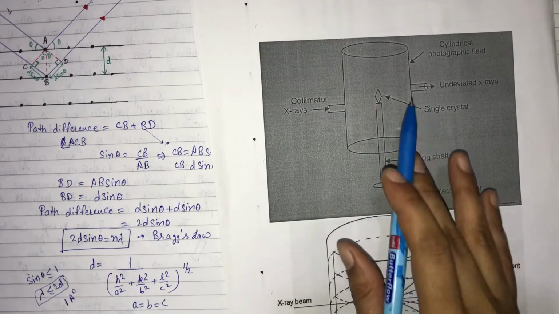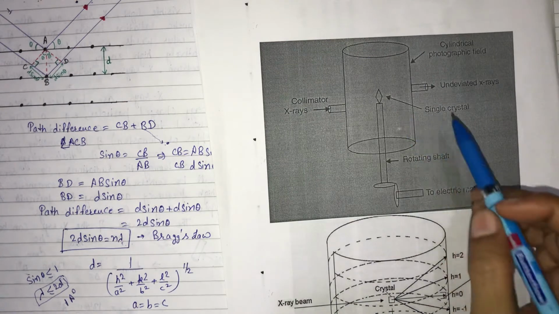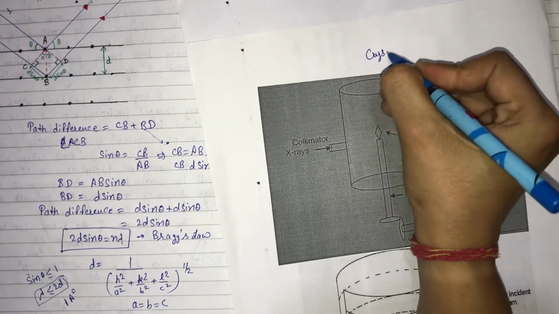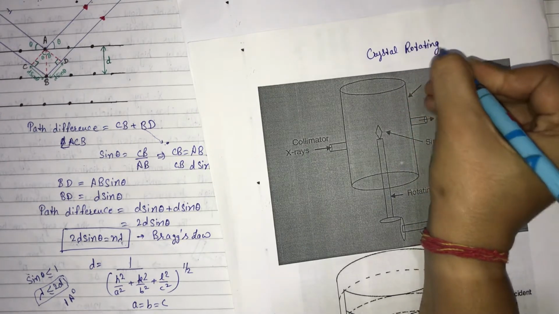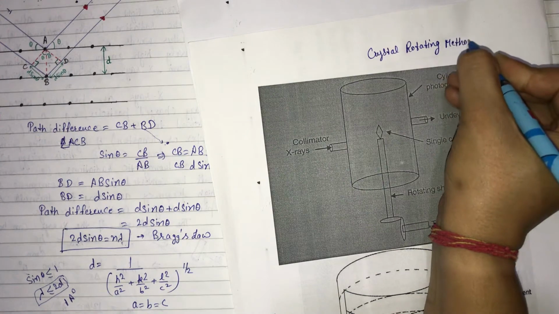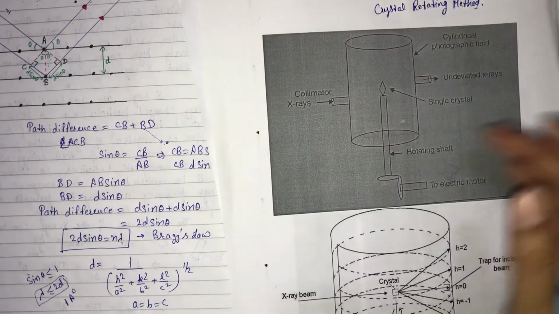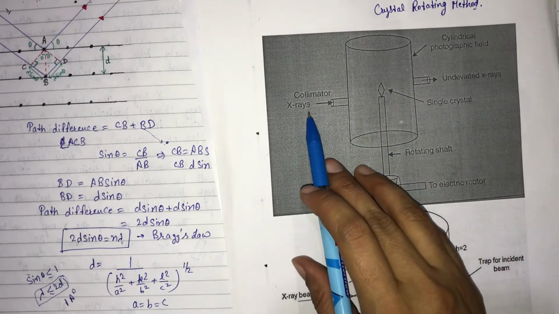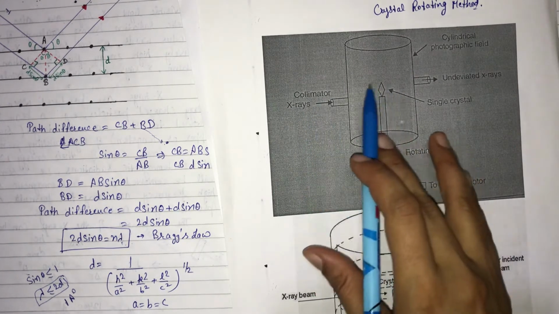But in the crystal rotating method, this is the arrangement used to determine the crystal structure. Here the X-ray beam used to analyze the crystal is of monochromatic wavelength.